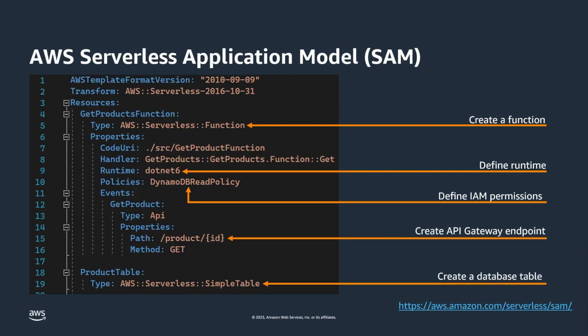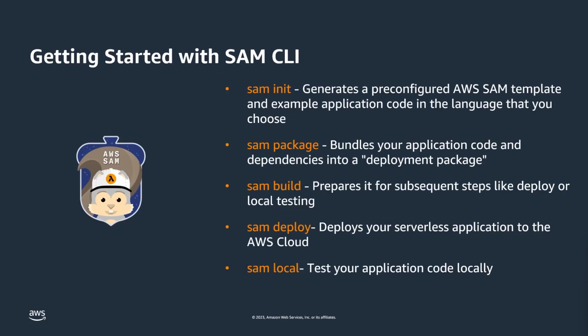And we have an API endpoint called product/ID that's going to allow us to create a simple table. So that's going to let us manage the entire flow. What this particular example does is get a set of products based on an ID that's passed in, and that's all defined right here in this fairly easy to read file.